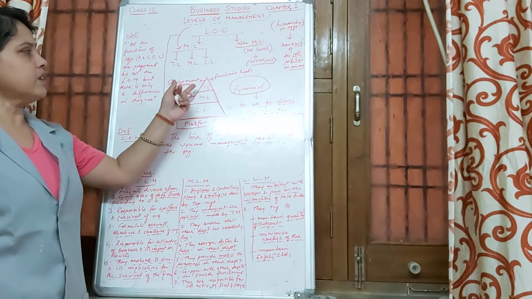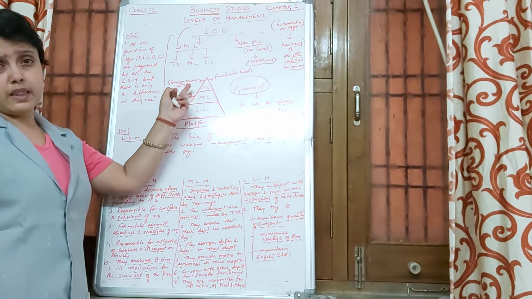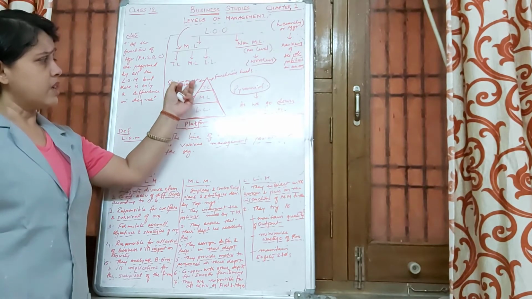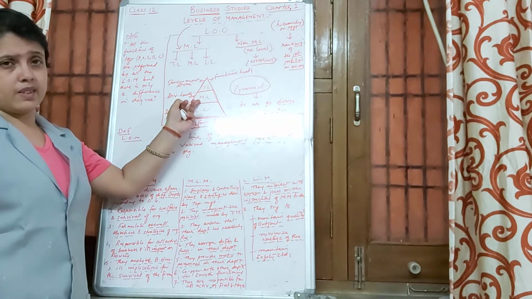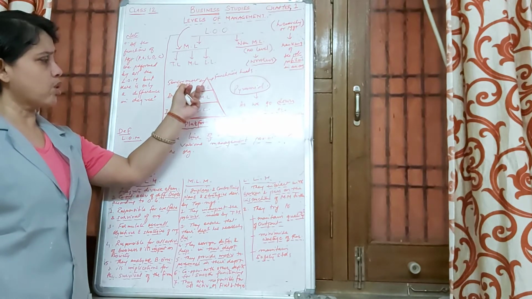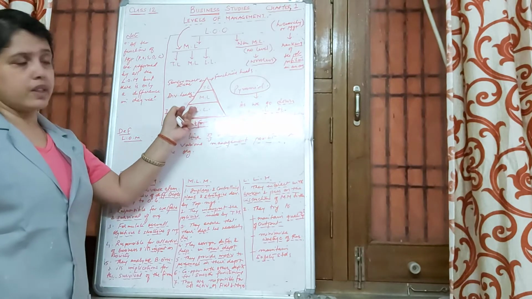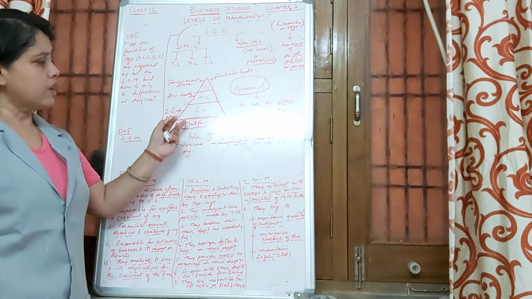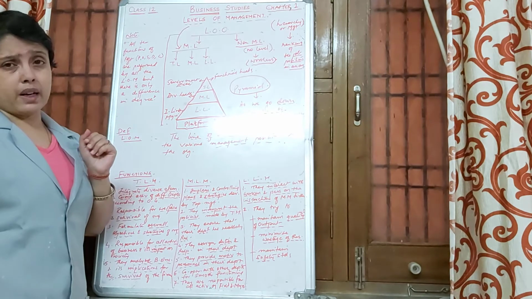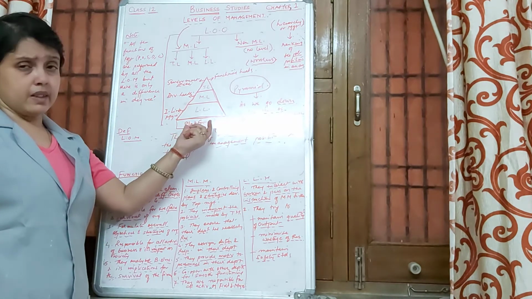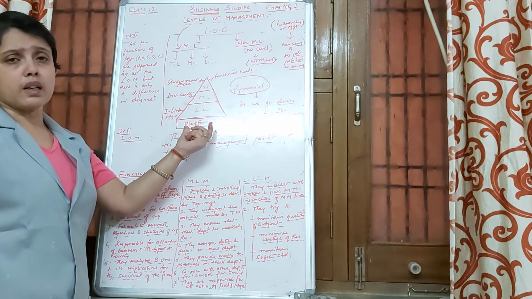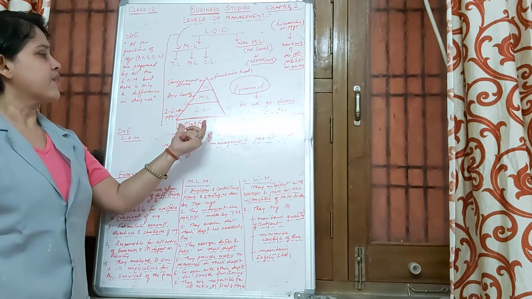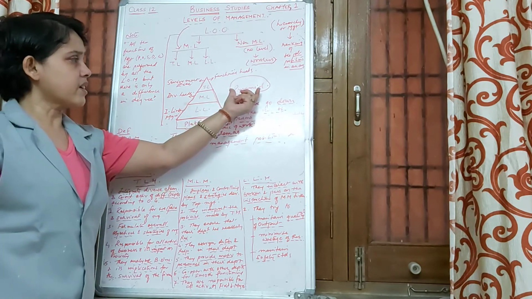At top level, there are the least number of persons. As we go from top to middle level, we will see that the number will be more as compared to top level. When we go to lower level, it will be more than top and middle level. And at the platform area, where the workers work, the maximum number of people are employed in the organization. That is why it is like a pyramid.